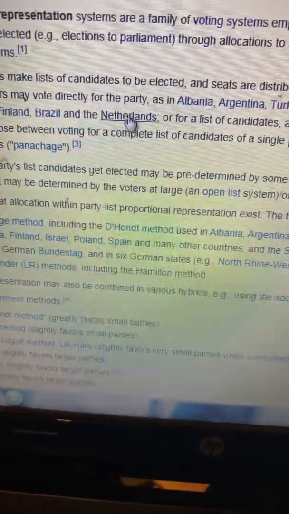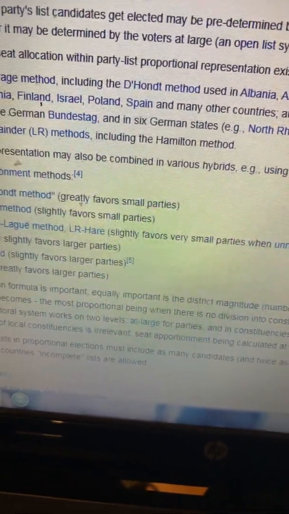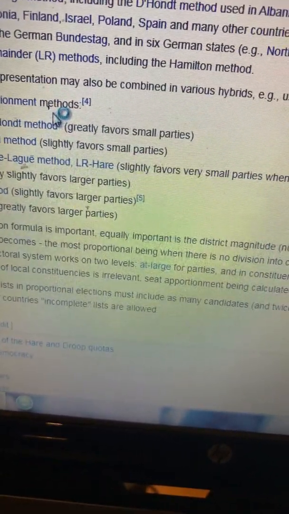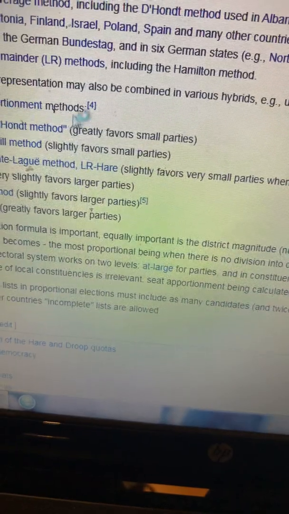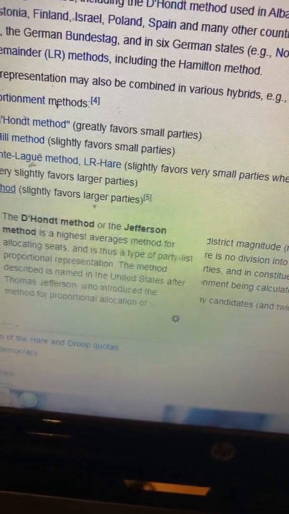In proportional, there are open list, closed list, and two ways of counting the seats, like the D'Hondt method.